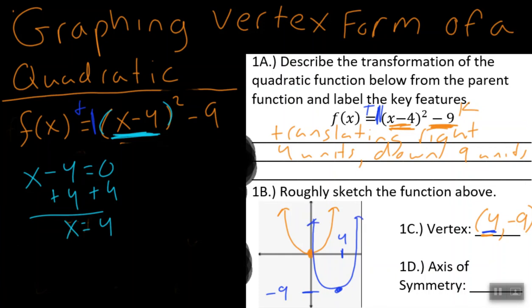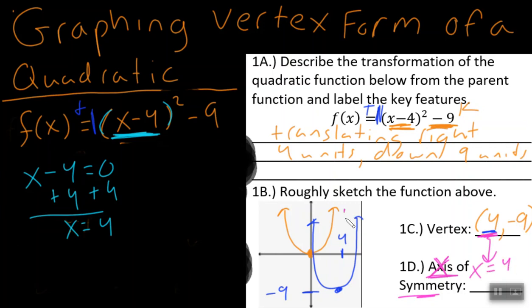And now the last thing that we want to do is label some key pieces. Firstly, let's label our axis of symmetry. I like to have students say, what letter do you see in the word axis? You're always going to see the letter x, implying whatever the x value of our vertex, the axis of symmetry is going to be that, x = 4.